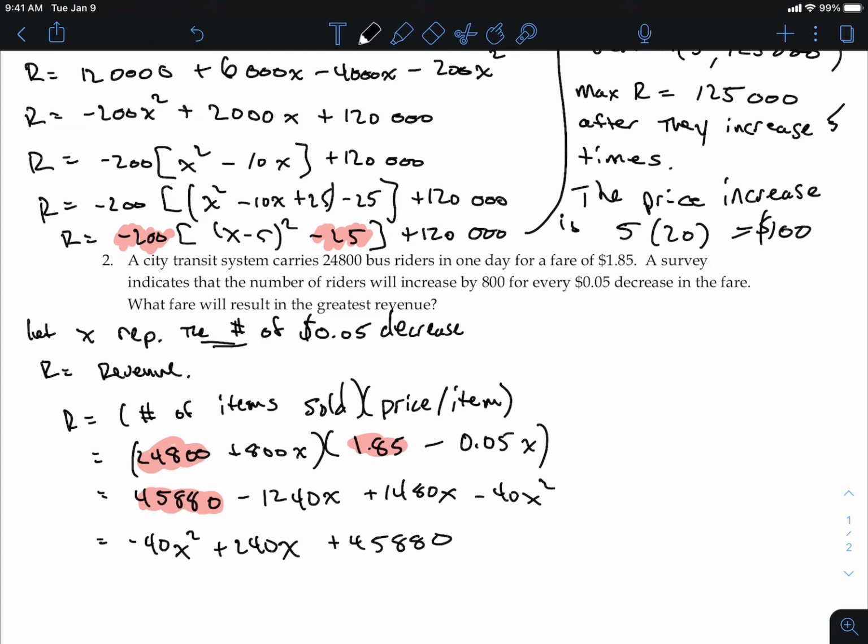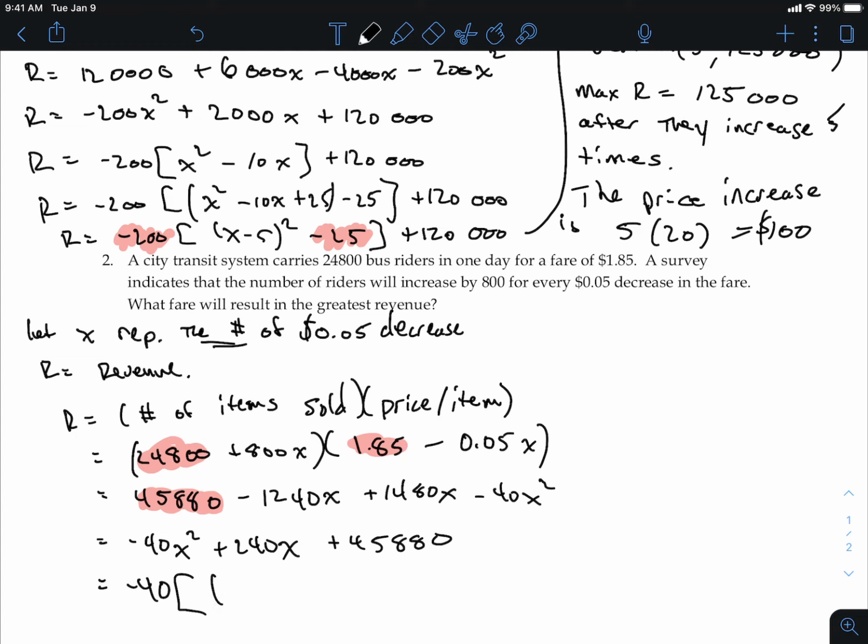Now we have an equation, not necessarily nice, but it's written in standard form. What's the first step? Get the number in front of x squared to be 1. So we're going to factor out the negative 40. Negative 40, open some square brackets. What's left after you take it out?